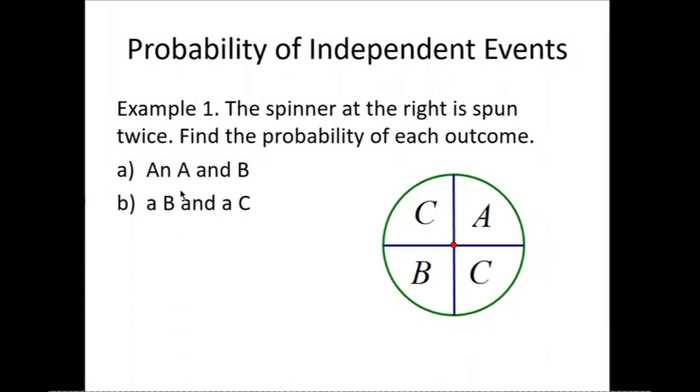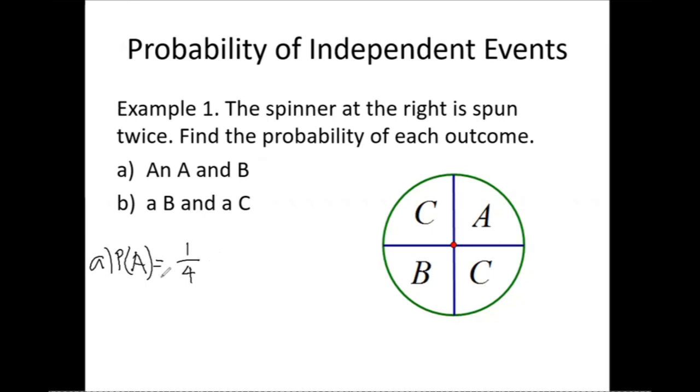Okay, so for example, probability of independent events, sample 1. The spinner on the right is spun twice. Find the probability of each outcome for letter A and letter B. So if we're looking at the spinner, for probability of event A, that is 1 out of 4.